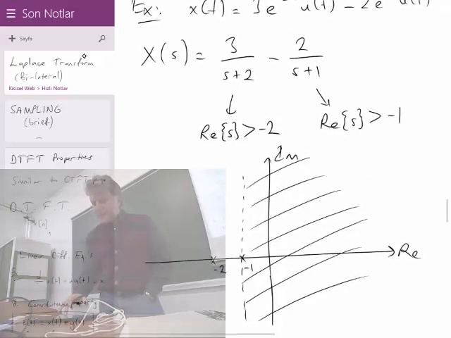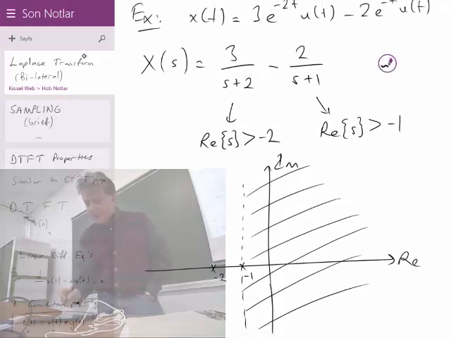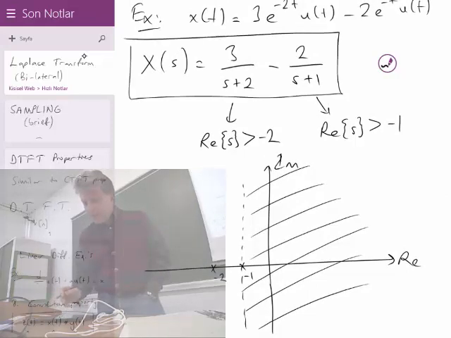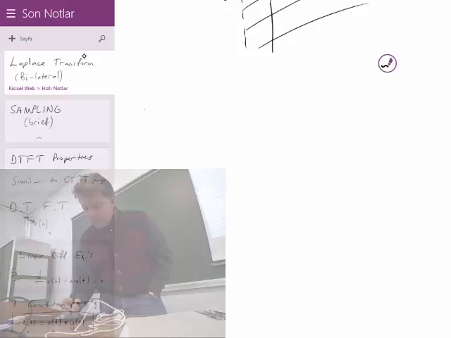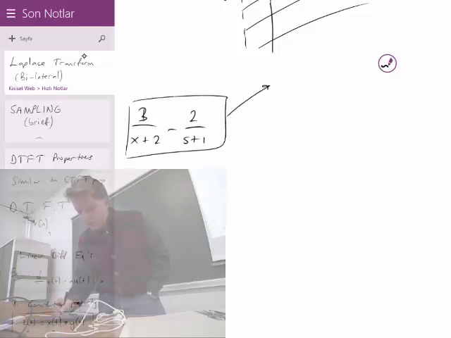Is it a good exercise to think of the inverse Laplace transform of these? Let's write them. So what was it? 3 over s plus 2 minus 2 over s plus 1 may have several inverse Laplace transforms.